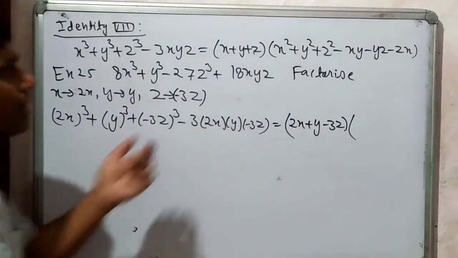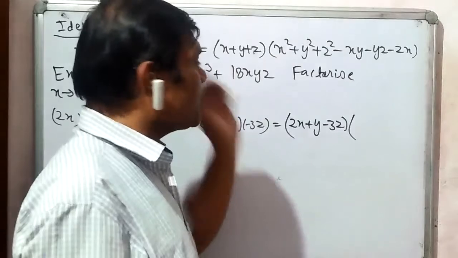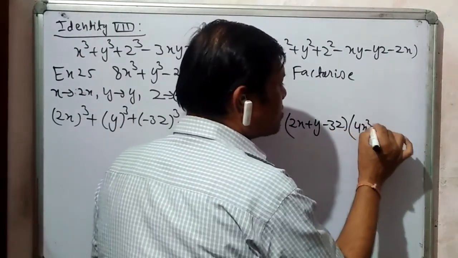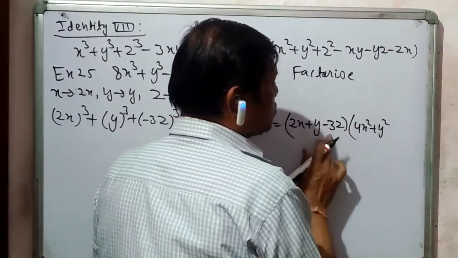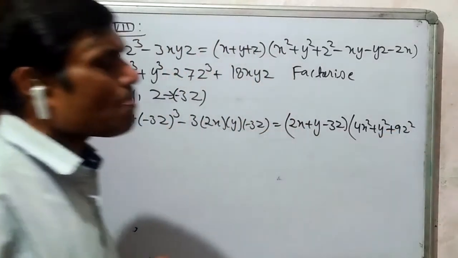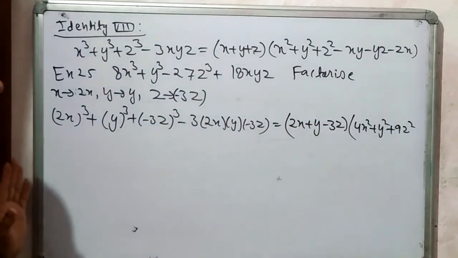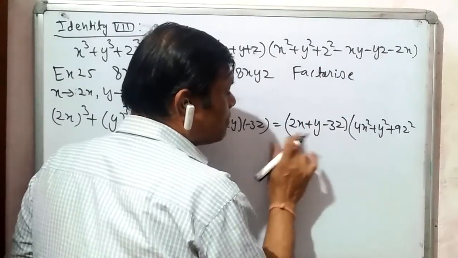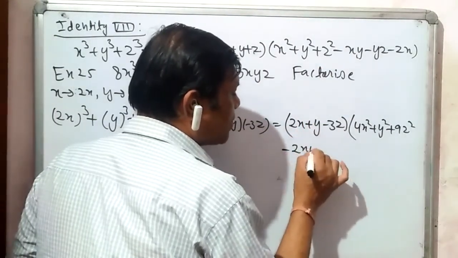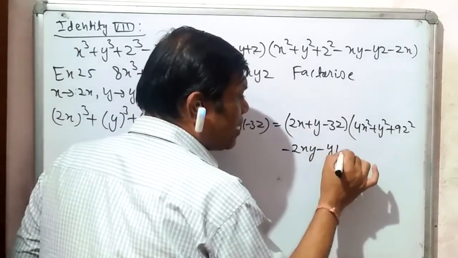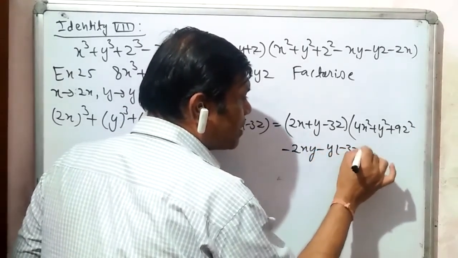Multiplied with x square plus y square plus z square. Square them and put over here. (2x) square is 4x square. y square is y square. (Minus 3z) square is 9z square, positive. Then we have minus xy, minus the product of these two, 2xy. Minus yz, minus y into minus 3z.